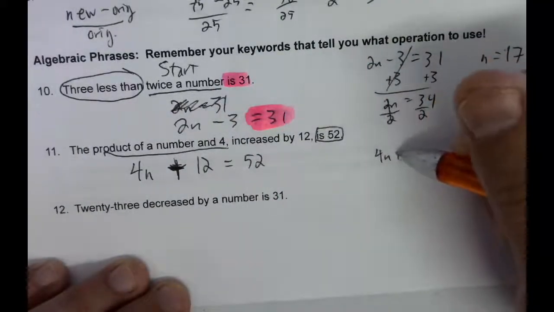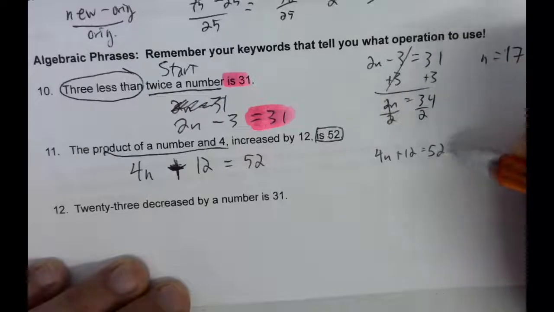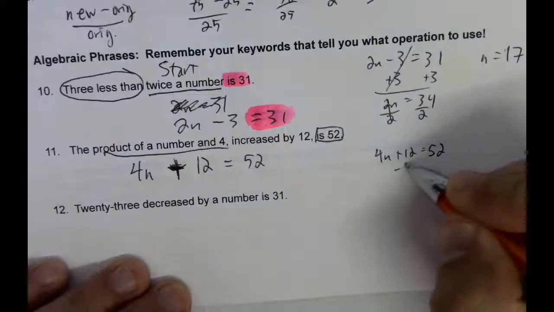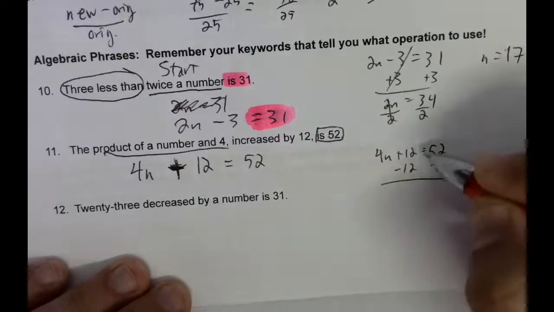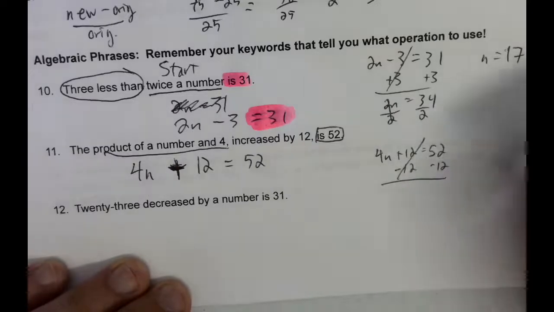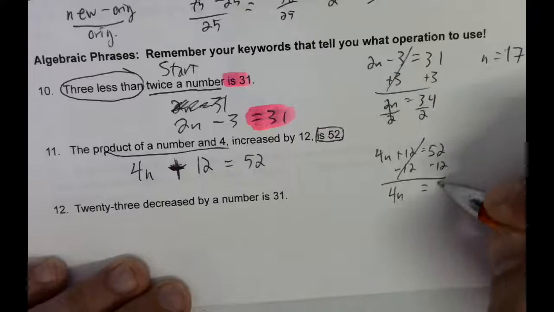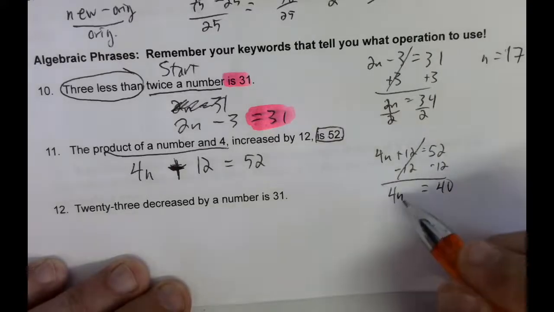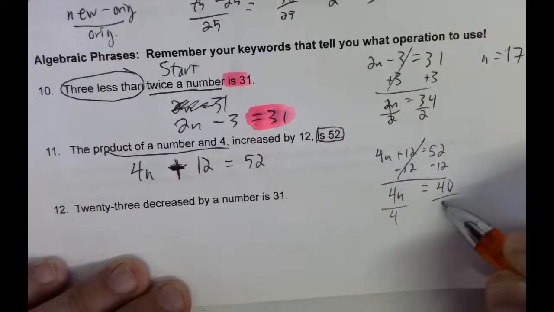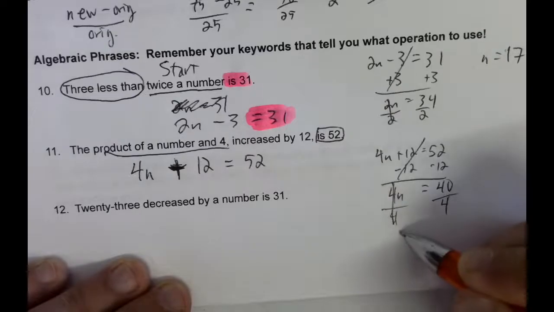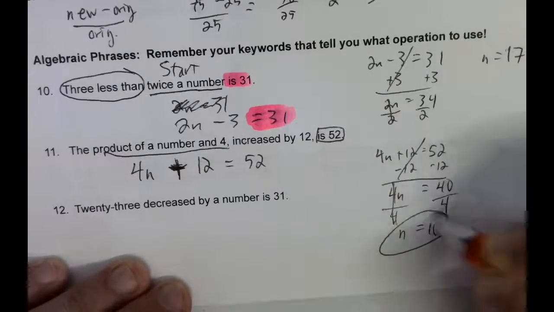So if we have 4n plus 12 equals 52, we're going to move the constant over first. We're going to add or subtract. We're going to subtract because that's what causes it to cancel out. Reduces the amount of stuff going on over here. And that's 40. Then I see that I'm multiplying here, so 4 is going to be divided on both sides. We'll get n equals 10.